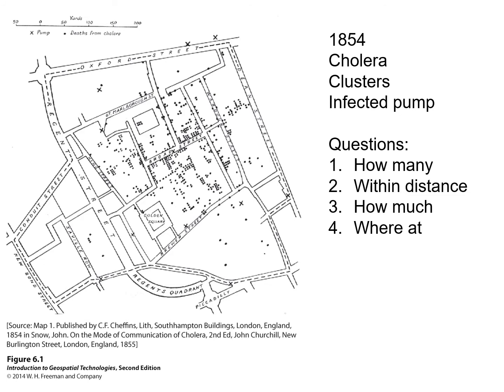So one of the most famous cases of spatial analysis is something that we can actually relate to now. John Snow was trying to figure out how cholera was transmitted in London in the 1850s.